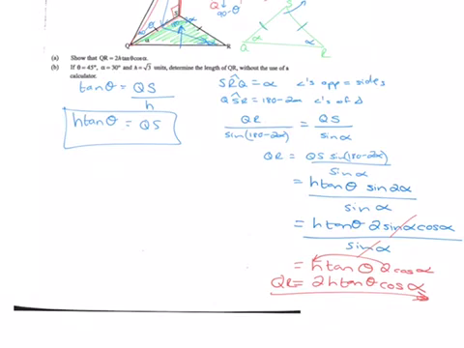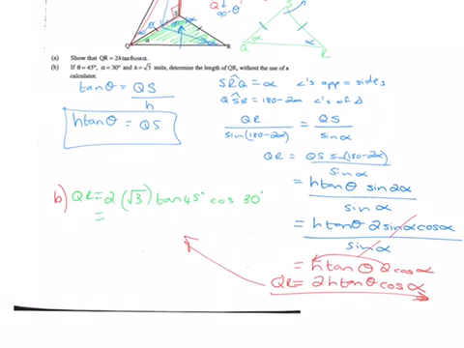All right, then it says for B, if theta is 45, alpha is 30 and h is root 3, determine the length of QR without the use of a calculator. So even if you couldn't do the show that, you can then use it in question B. So QR is equal to 2, h is supposed to be root 3, tan of 45 degrees is a special angle, cos of 30 degrees is a special angle.